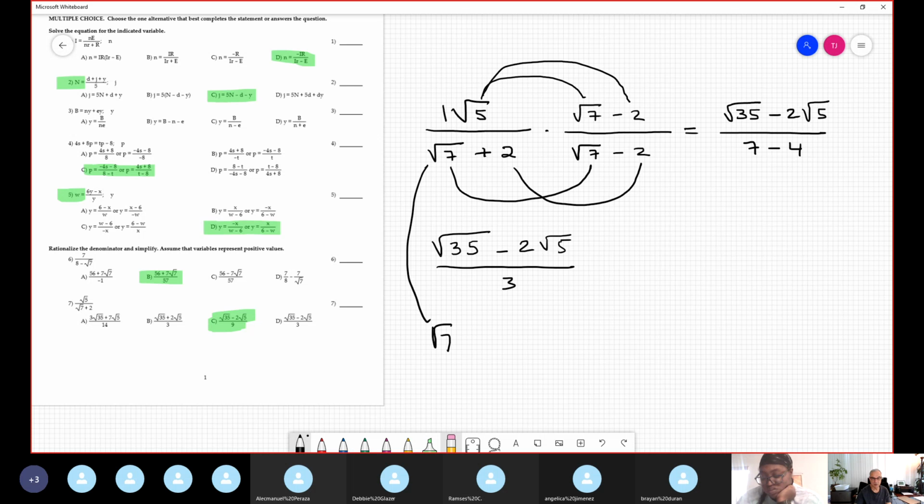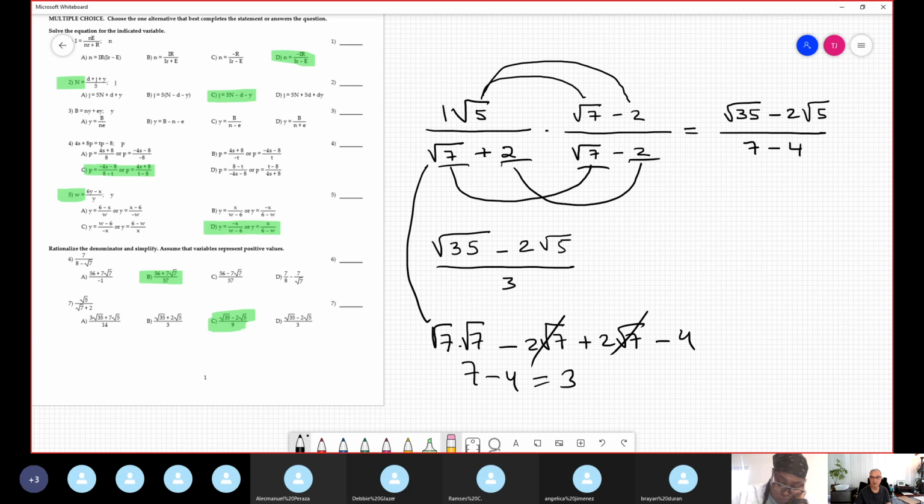Radical 7 times radical 7, minus 2 radical 7, plus 2 radical 7, minus 4. The middle terms cancel, and radical 7 times radical 7 is 7, so 7 minus 4. We get exactly the same answer.